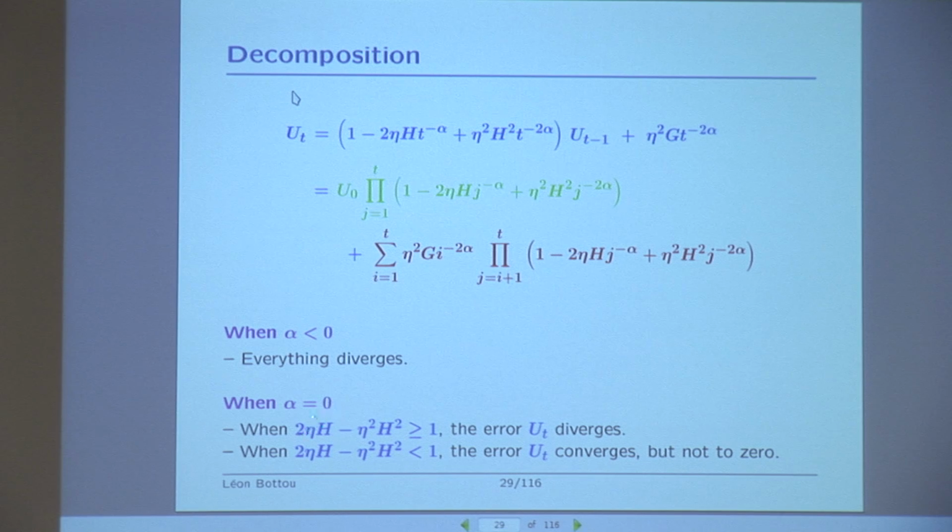When alpha equals 0, which would be the case of a constant gain, well, you have to look now, so the j terms all go away. And the first question is whether 1 minus 2 eta h plus eta square h square is between 0 and 1.